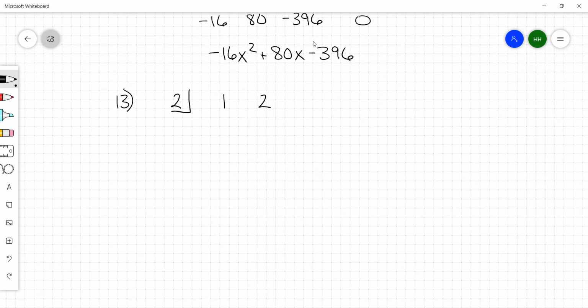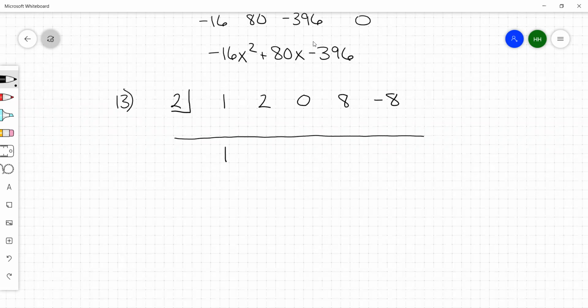For x squared, it's not there, so we got to use a 0. For the x, we use an 8. And then the -8. And then we draw a line. That's the hard part right there, drawing that line and then bringing down this 1.